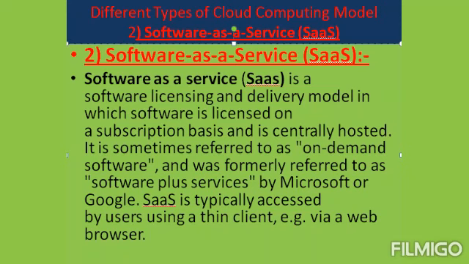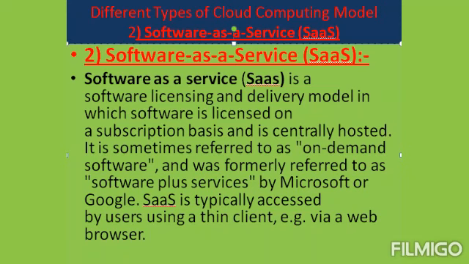In this model, the applications are hosted by a cloud service provider and published to the customer over the internet. In the SaaS model, associated data and software are hosted centrally on the cloud server. Users and customers can access software as a service by using a thin client through any web browser.